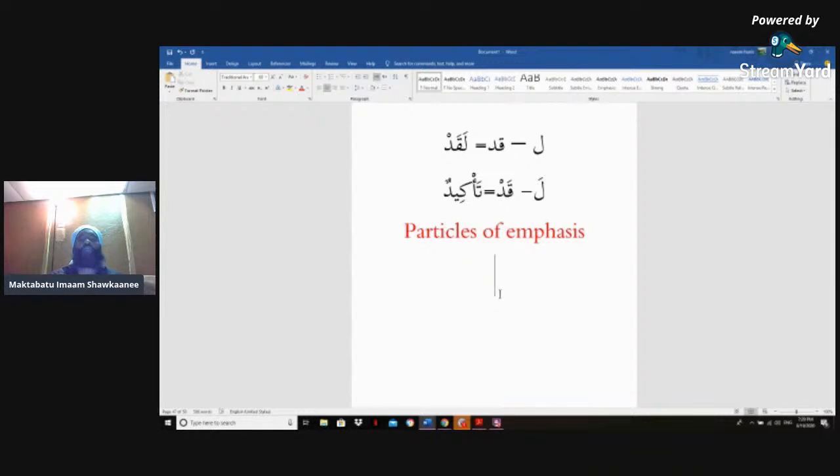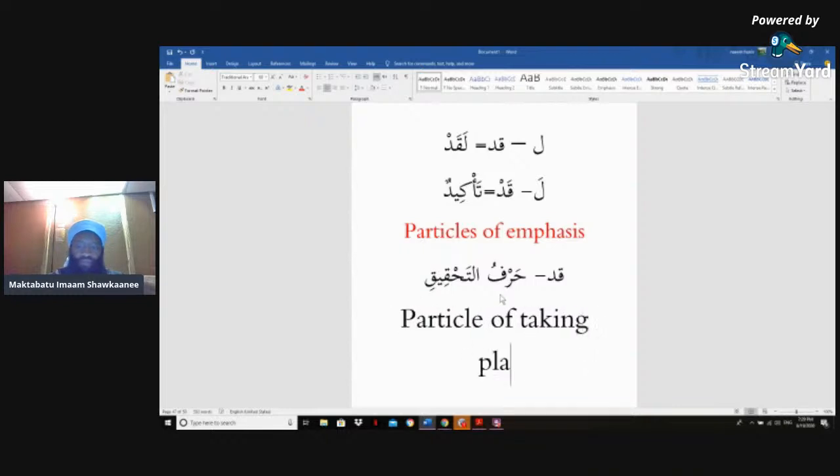It can be a harfu tahqiq and a harfu taqreeb. A particle of something that actually took place already, or something that's about to take place. So we learned that qad can be harfu tahqiq. A particle of actualizing, of something actually taking place.